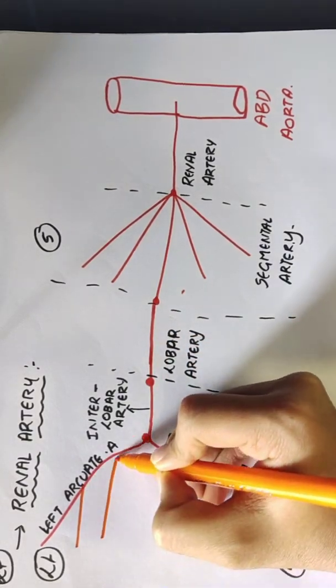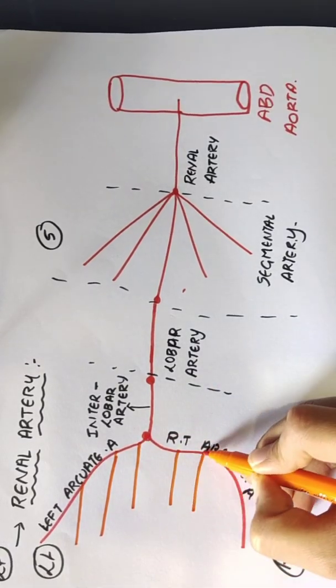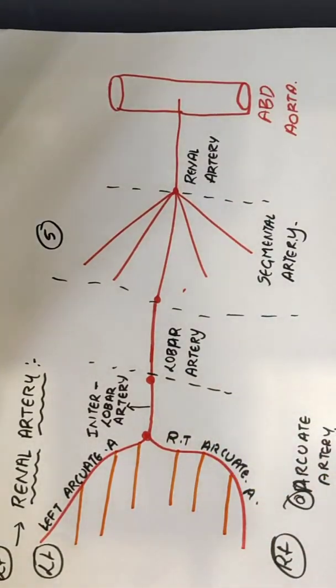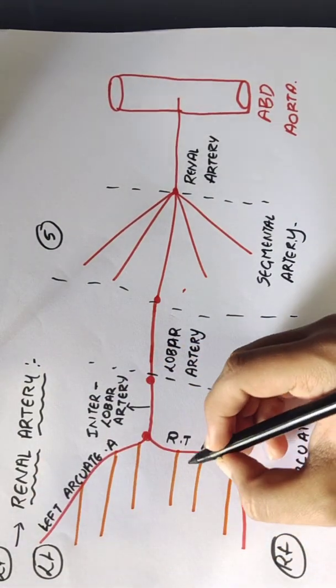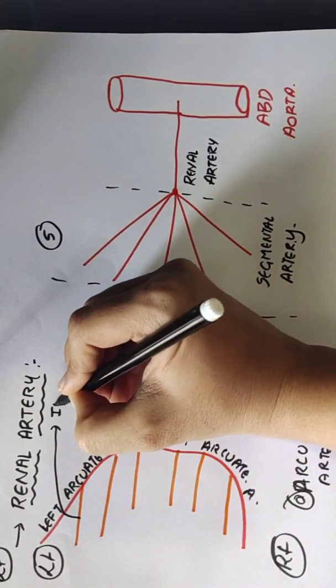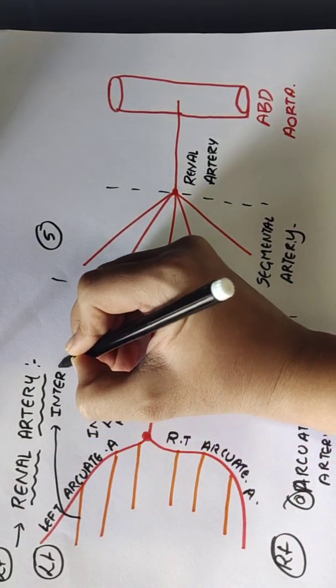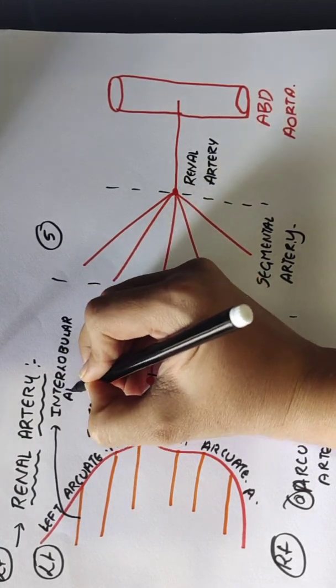1, 2, 3. Here also there is 1, 2, 3. We'll name it. So this orange thing is nothing but the interlobular artery.